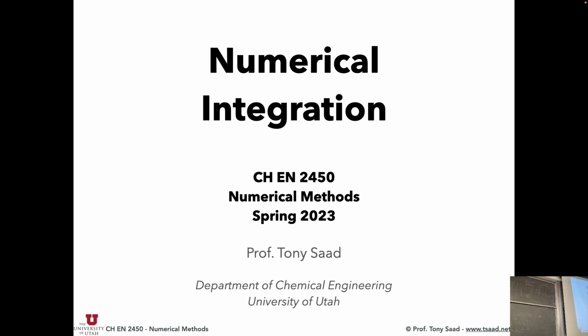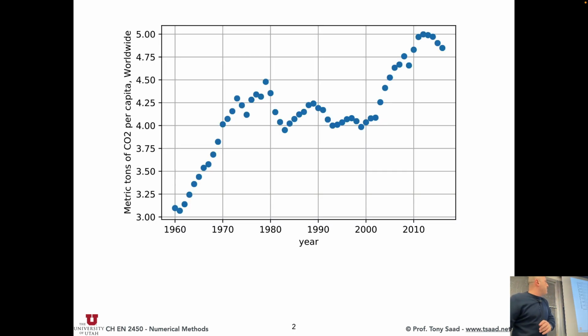And as usual, I'll start with a little example, maybe not very motivating, but an interesting example. This shows a plot. On the y-axis, you're looking at the metric tons of CO2 per capita worldwide for the entire year. Like in 1960, we emitted 3.1 metric tons of CO2 per capita in the entire world.